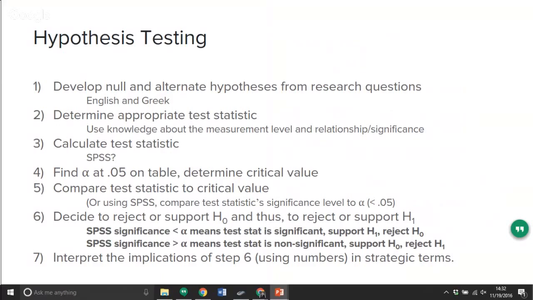Once we've developed a hypothesis and we have the data that we've already collected, the next thing that we need to do is to determine the appropriate test statistic. One of the things that allows us to determine the appropriate test statistic is whether we are using categorical variables or continuous variables, okay? Usually if we're using categorical variables, there are limited statistics that we can use.